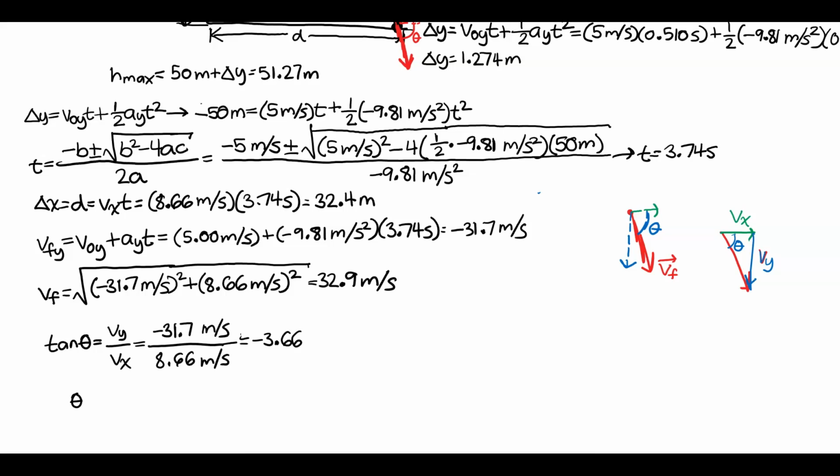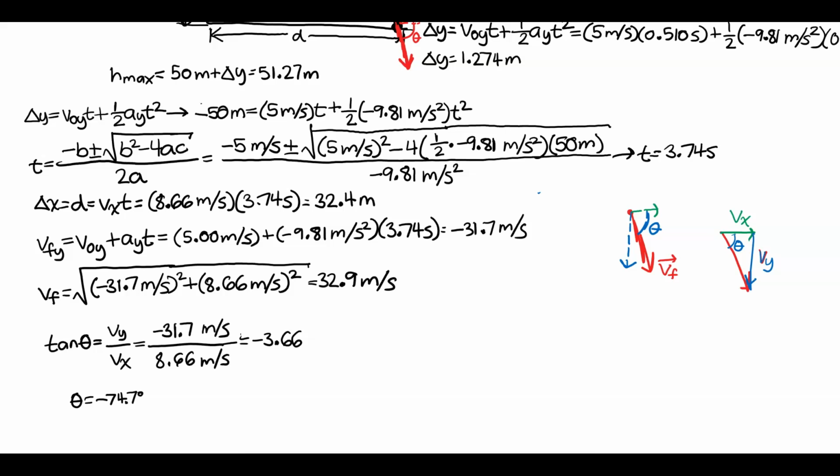So as a result, if I take the inverse tangent of that, or the arc tangent, theta is about negative 74.7 degrees. And here the negative corresponds to the angle being below the horizontal. So that's what the negative sign means. So theta is negative 74.7.